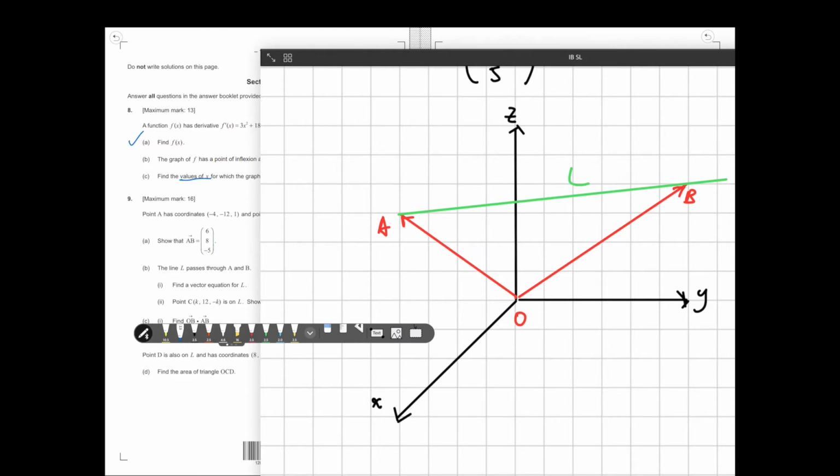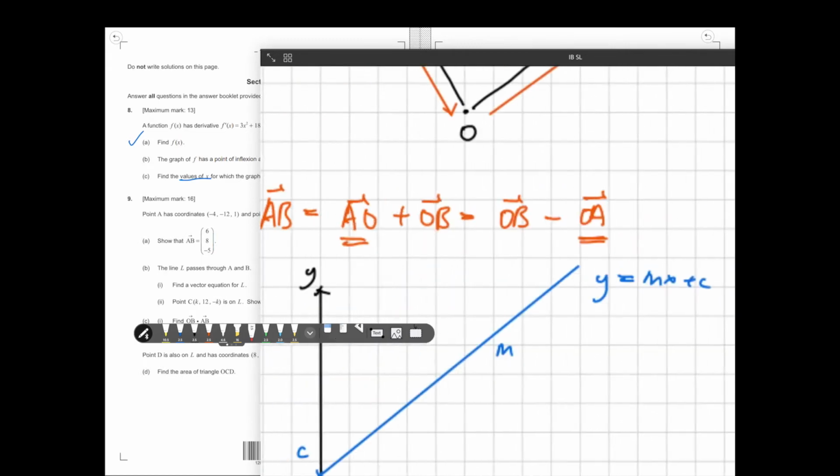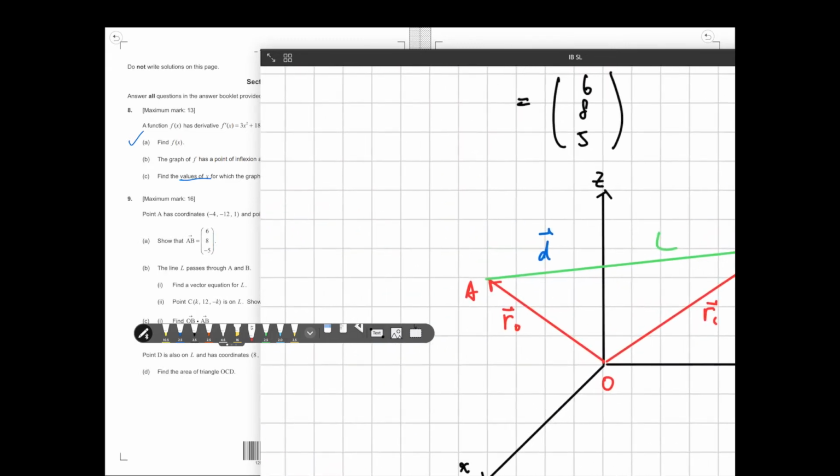So I call this one the direction of the line, and then that is L. This one is called r0, and this one is just called r1, for simplicity. So now I specify that OA will be equal to r0, and then OB will be equal to r1.